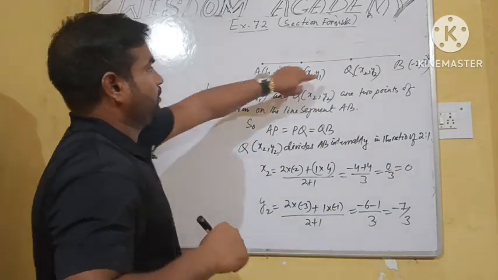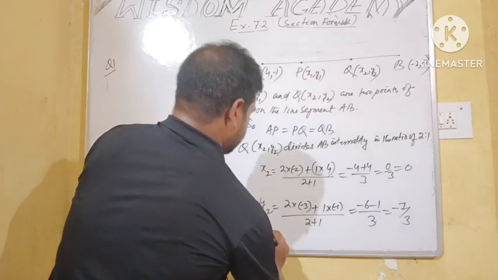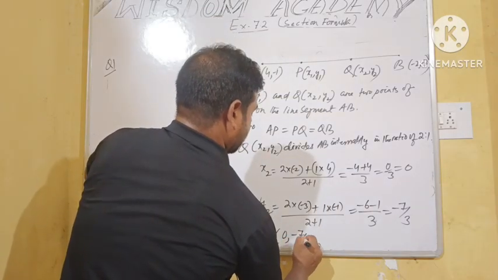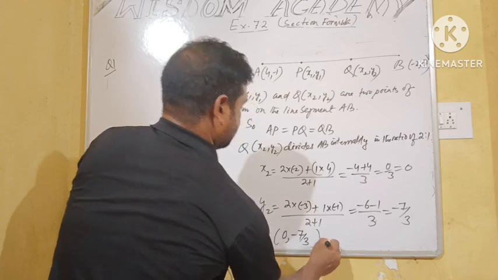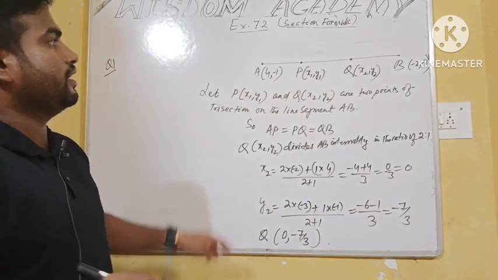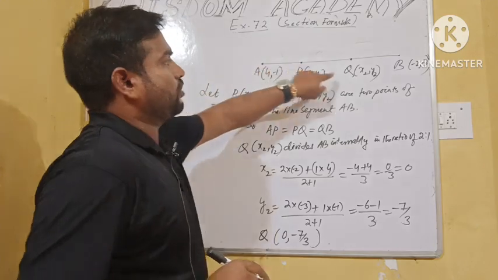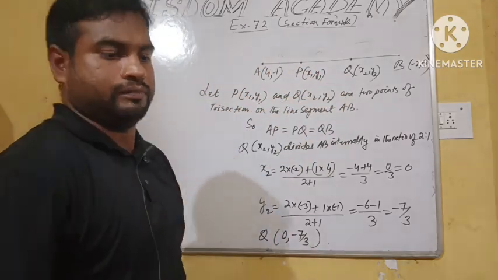Here the coordinate of Q is (0, minus 7 by 3). Take a screenshot. Here we found the coordinate of P and the coordinate of Q.